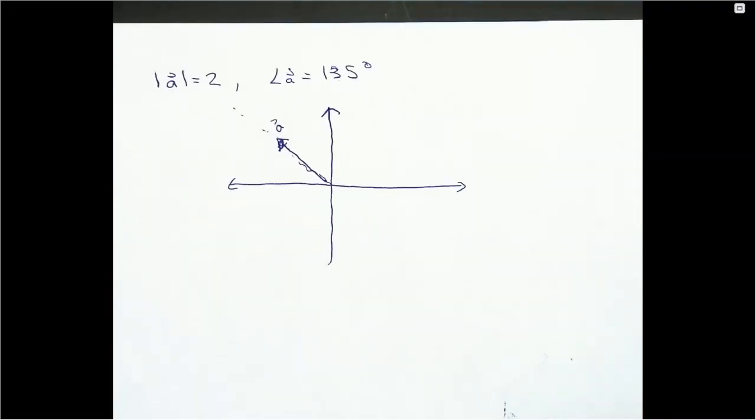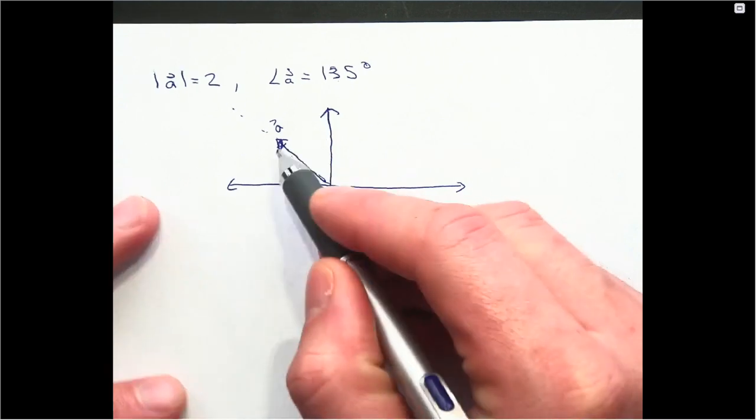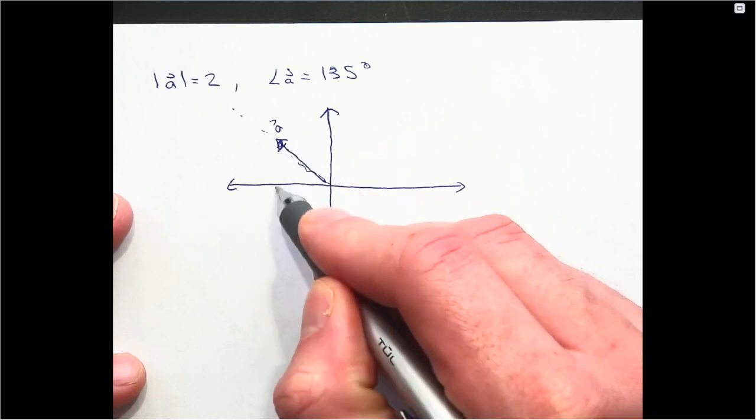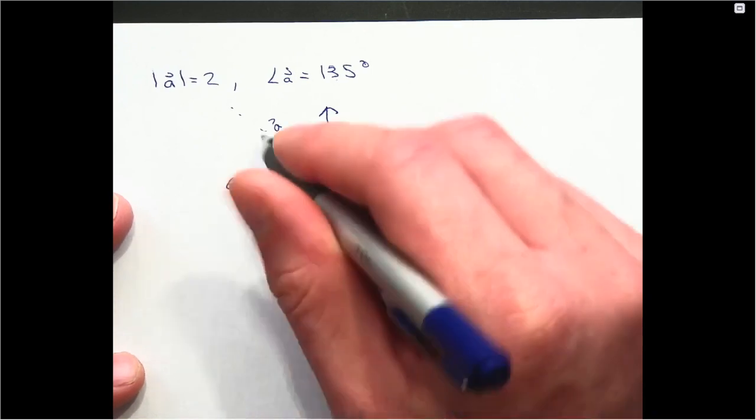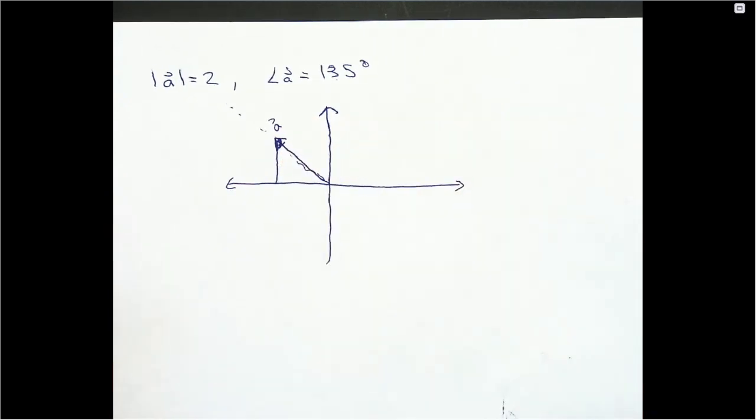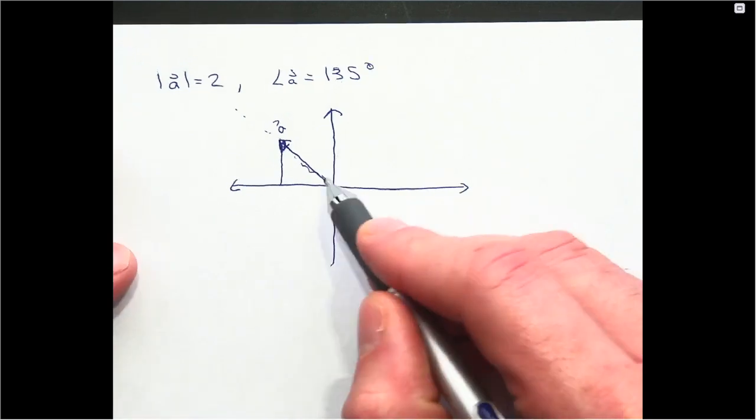So part 2, what we were asked to do is to show it written as a sum of vectors in the horizontal and vertical direction. And here's always the way that you do that. Go to the actual tip of your vector A and then drop a vertical perpendicular line to the horizontal axis. So just draw it straight down. Then ask yourself, which way do the vector heads need to be arranged in order to add up to A?